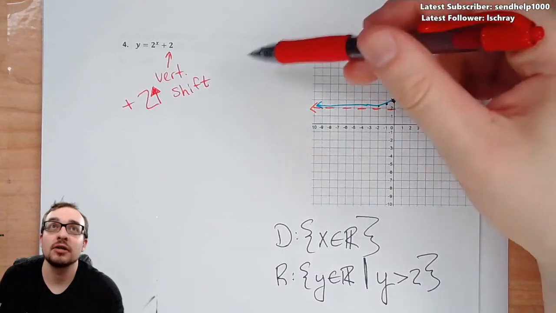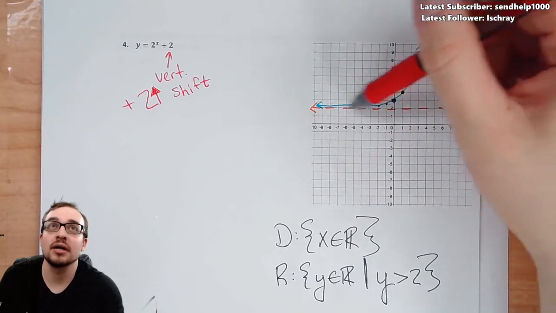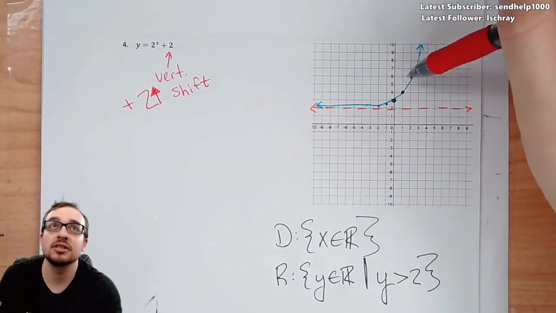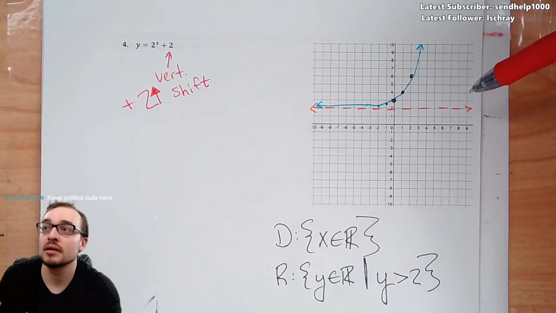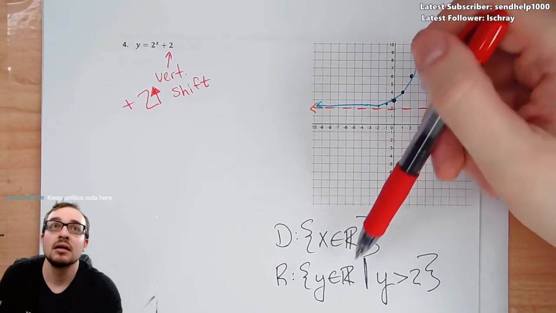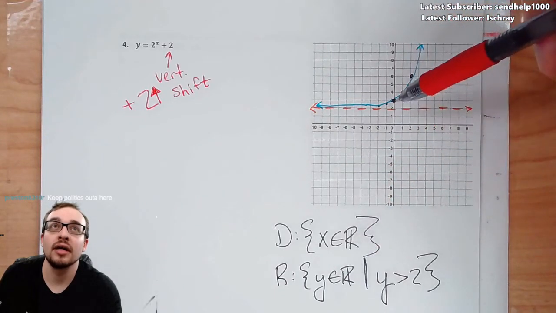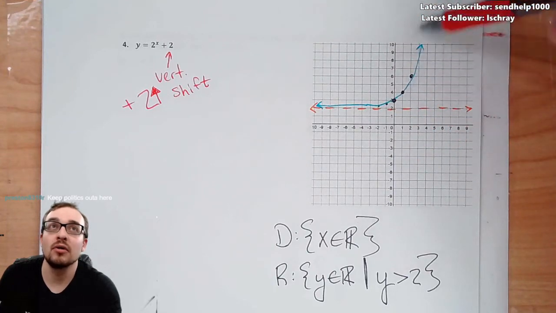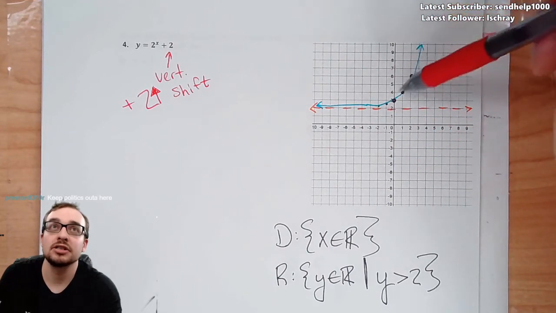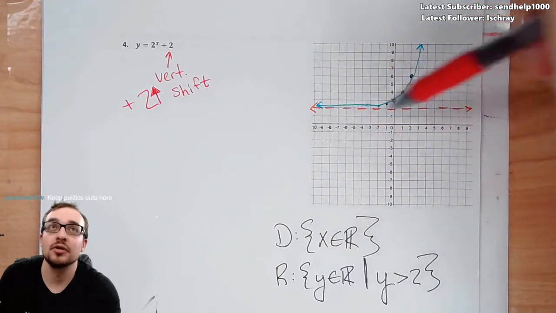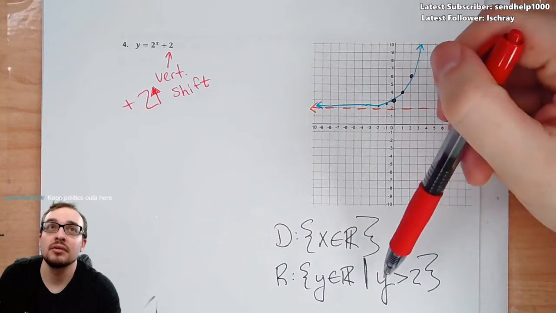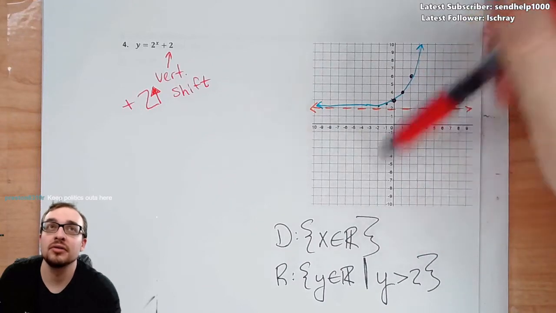Domain is how far it can move left to right. The blue line can go as far left as it wants, and as far to the right as it wants, because this does go up to the right. The range is how far it can go up and down. Well, the blue can go up forever. It just can't go down forever. It stops at 2, right? So it has to be any number as long as it's greater than 2.